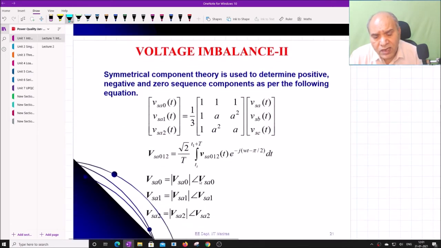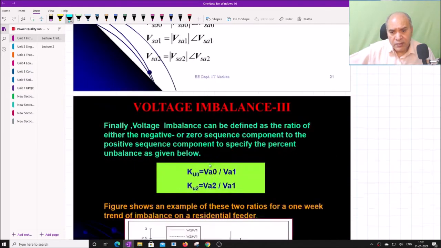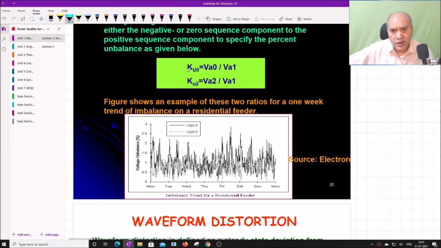These are normally characterized by the symmetrical components, zero sequence, positive sequence, negative sequence. So we transform them into the positive, negative and zero sequence components, and then we define a parameter called unbalance factor. Here you can see unbalance factor for negative sequence, unbalance factor for zero sequence.